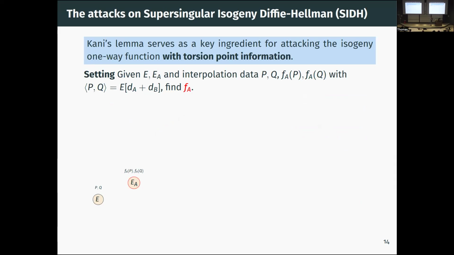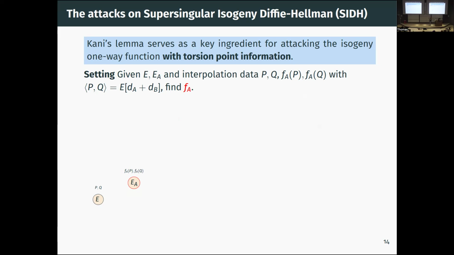Why is this relevant for cryptography? This is because it can be used to attack the cryptographic one-way function if, in addition to the two end vertices, or the starting vertex and the end vertex, we are also given this additional interpolation data.